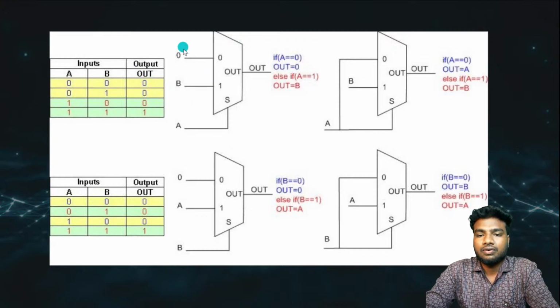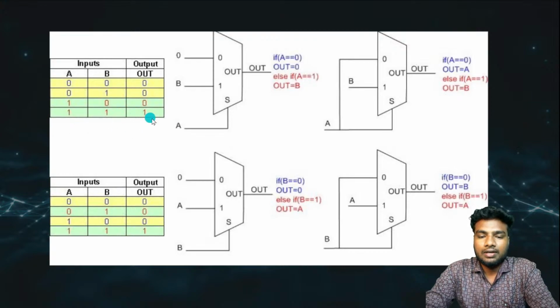So if A equals 0, it will choose this line, so I'm giving 0 for input 1. If I change my selection line to A equals 1, there are two conditions, 0 0 1 1.